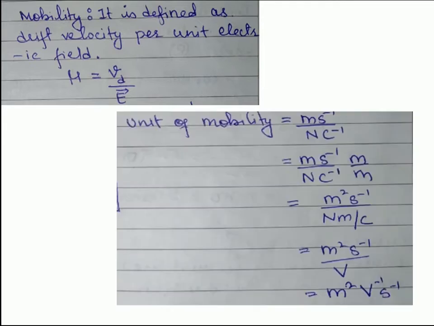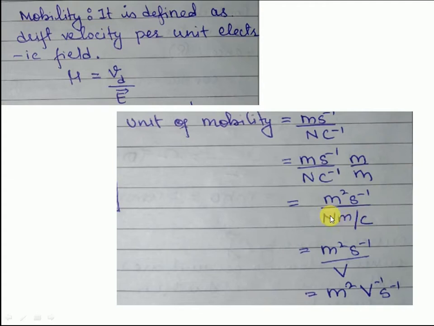The unit of mobility: drift velocity is meter per second, and electric field is Newton per coulomb. If I multiply this with meter and meter, this will be meter square per second on one side, and Newton meter per coulomb on the other.